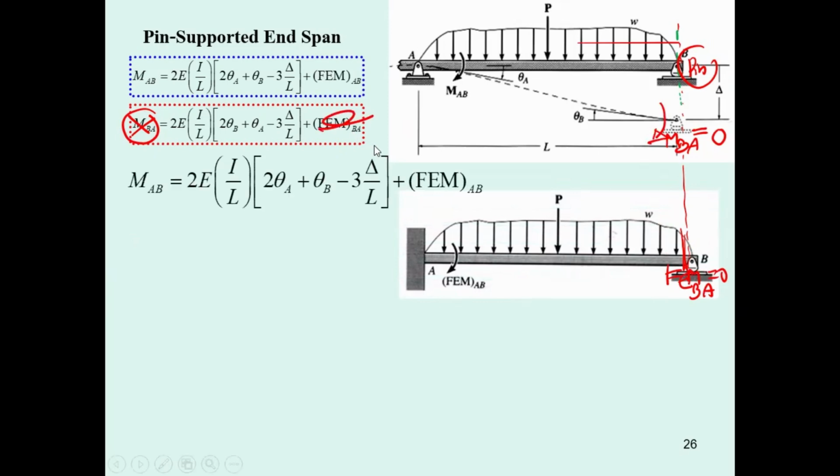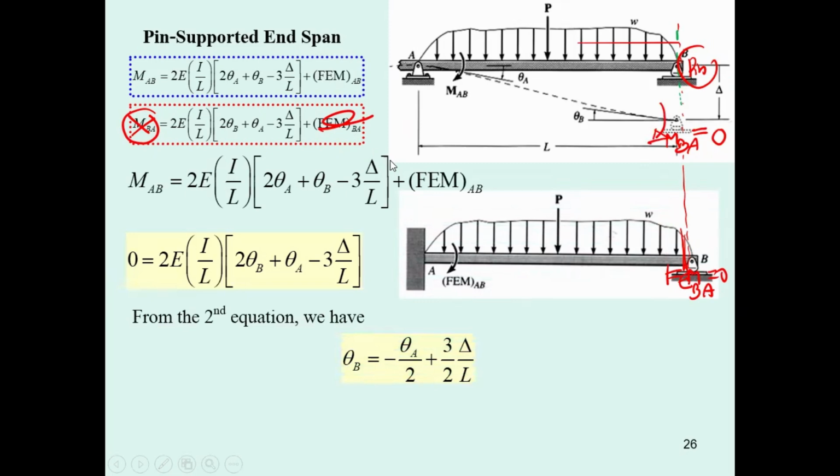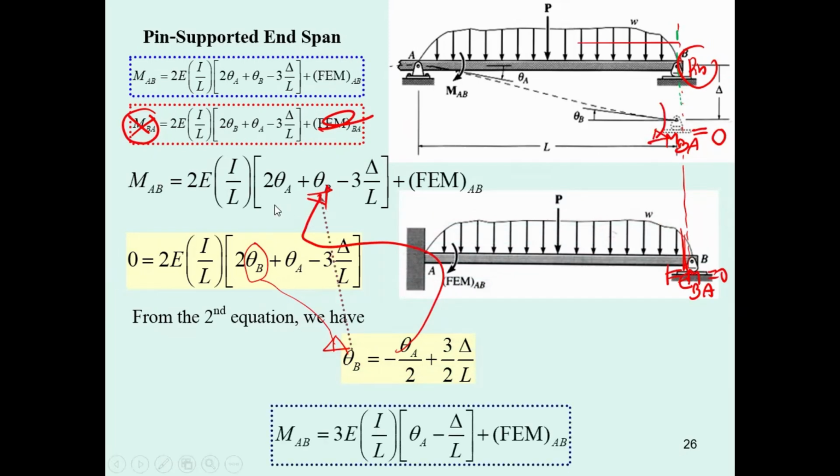Then the second equation is going to be rewritten, and we have this theta sub B in the form of over here. We plug this back over here and rearrange the equation. We have the M sub AB over here in the form of 3EI over L, times the terms over there. The condition of fixed end moment is going to be based on the right column of the fixed end moment table.